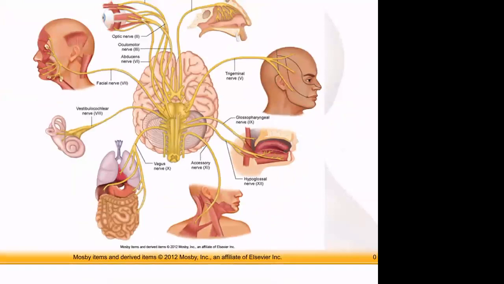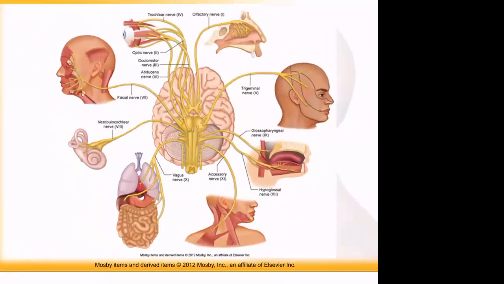So, of these, the most important ones to know for right now, and I say right now, but I'm not going to actually test you on them, but they might come up on another test, is the optic nerve, cranial nerve 2. Remember, cranial nerve 2, like 2 capital letter I's, 2 eyes, optic nerve.